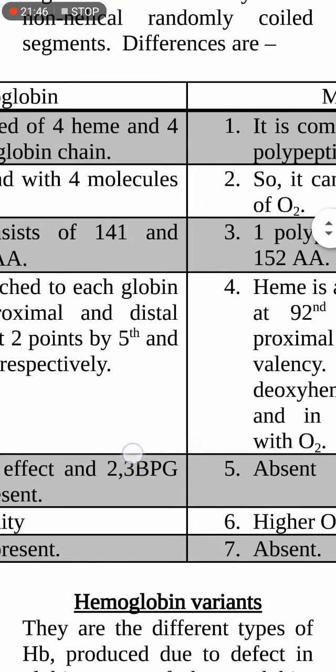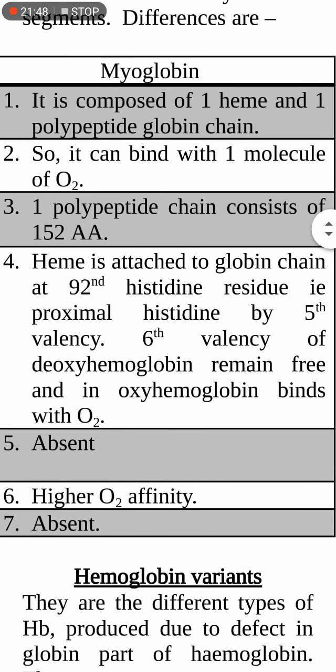And in the case of myoglobin, heme is attached to the globin chain at the 92nd histidine residue, that is the proximal histidine, by the 5th valency. The 6th valency of deoxygenated myoglobin remains free, and myoglobin binds to the oxygen.